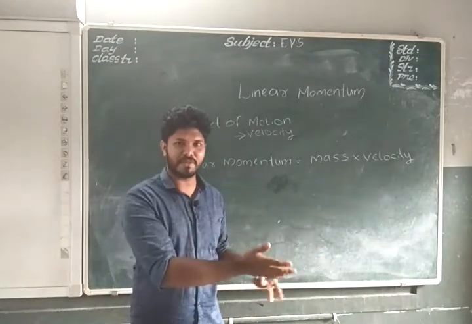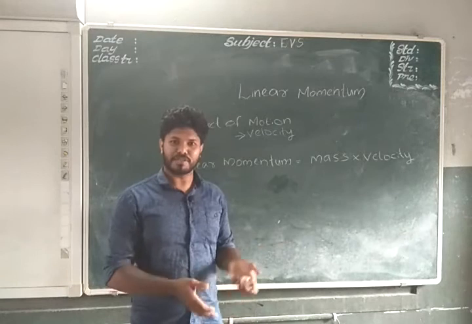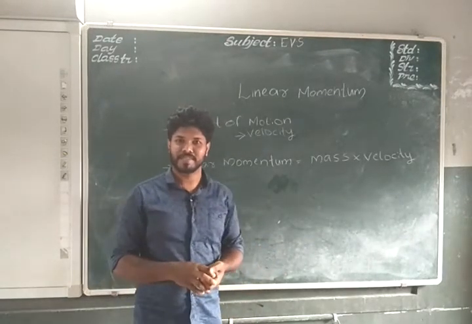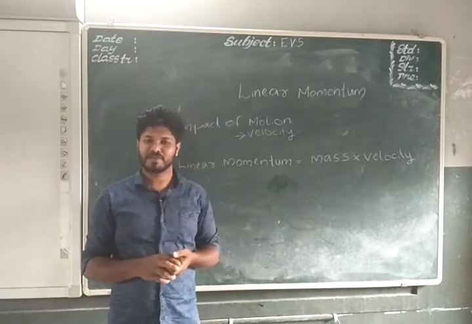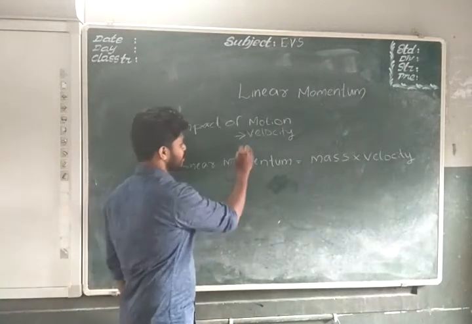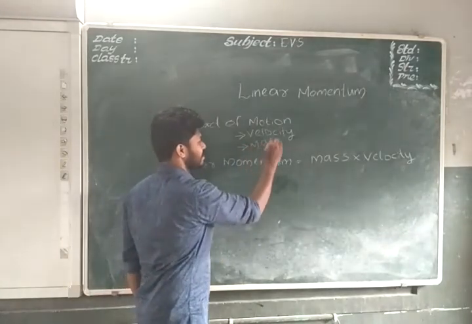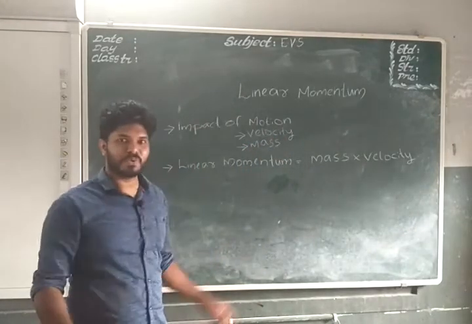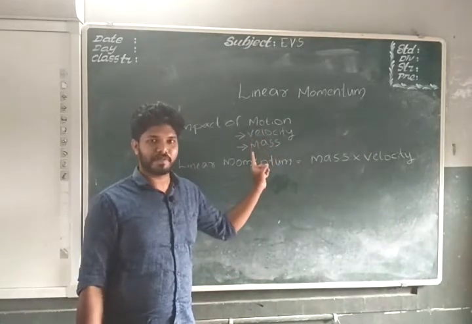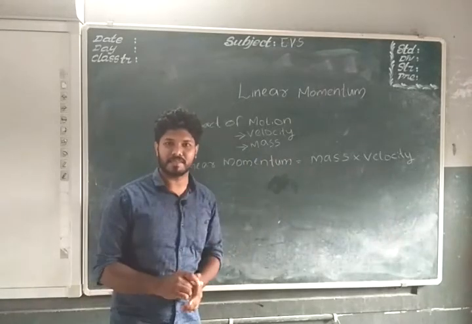Sometimes it will be having only 1 meter per second or 0.01 meter per second. Do you get any impact on your body? Yes, of course, isn't it? So what plays there is the mass of that, isn't it? So mass and velocity, if either one of them is greater, we get hurt.